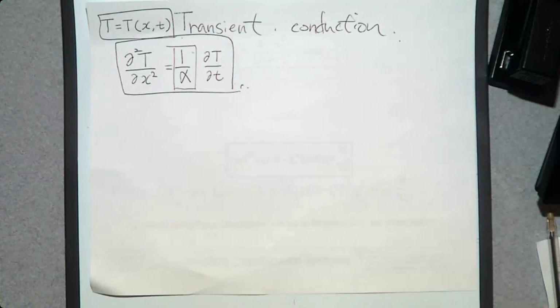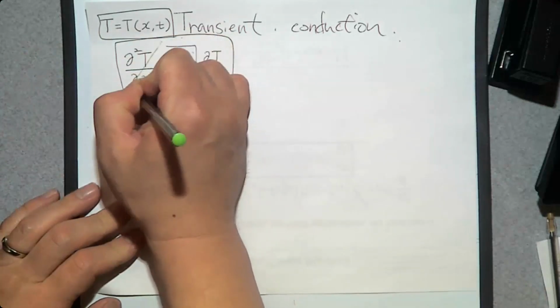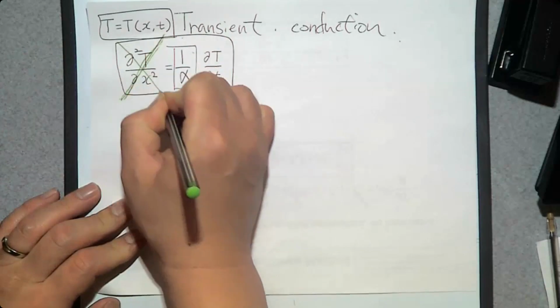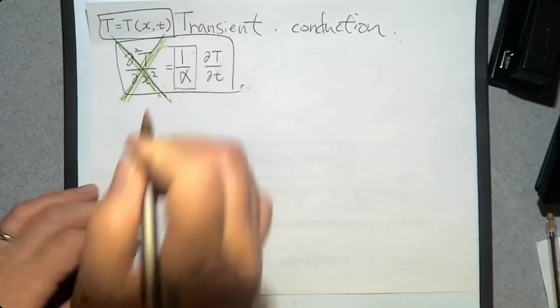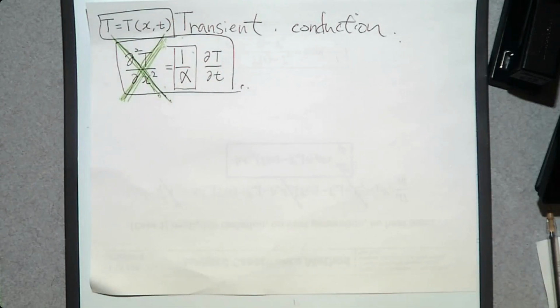So what we are going to do is find a unique heat transfer problem where we can neglect temperature change in space.